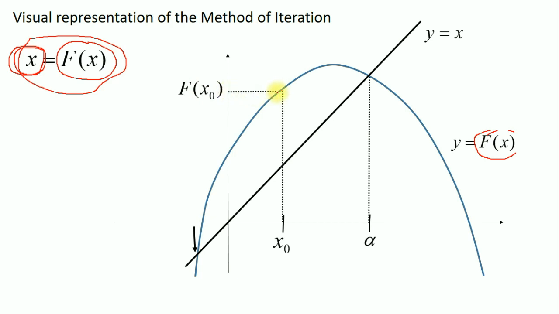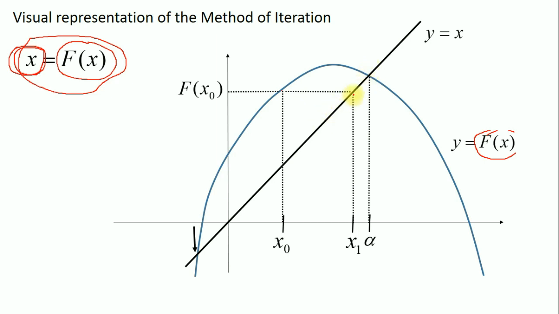Now this value is actually equal to x1. How do I know? Because if I draw this line parallel to the x-axis, and on this line it is y equals x.